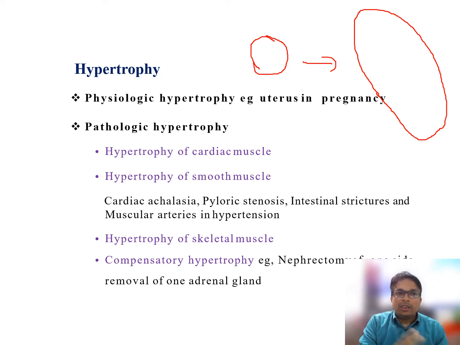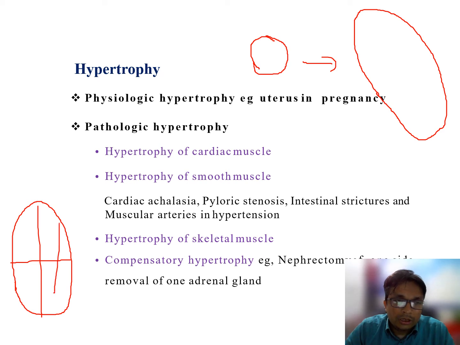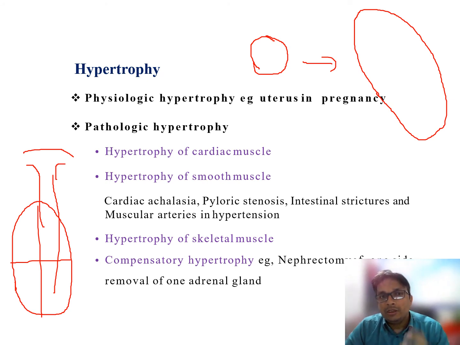Whereas a pathological example of hypertrophy is the cardiac muscle. It is very commonly observed that suppose somebody is having hypertension. Just consider this is a heart having the four chambers. Now just consider this particular aorta coming over there. A person has been suffering from hypertension for a long period of time.